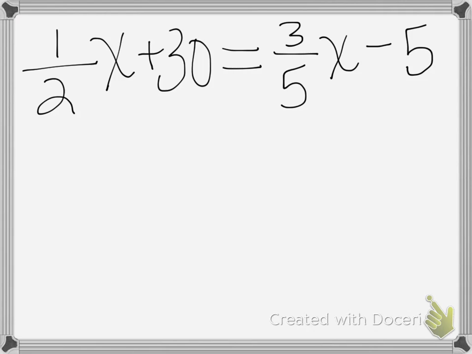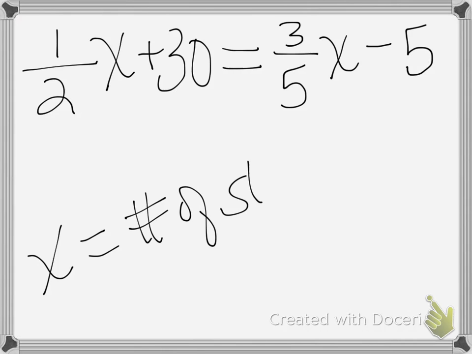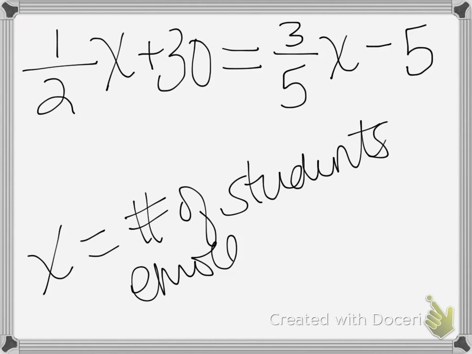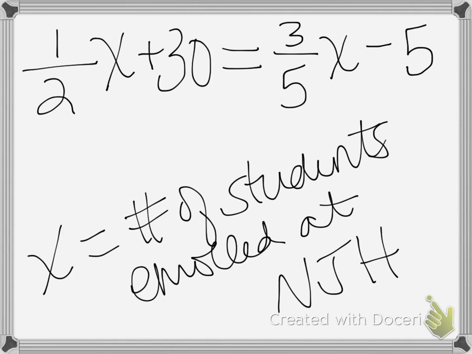So let's use how many students are enrolled at Navasota. X can represent the number of students enrolled in Navasota at NJH, and that's what we're going to be looking for. How many students are enrolled at NJH?